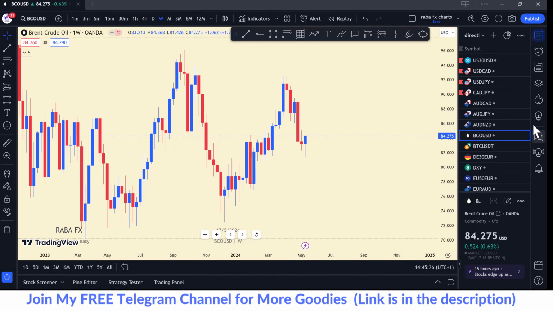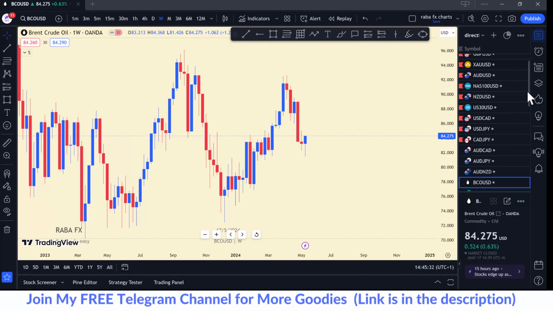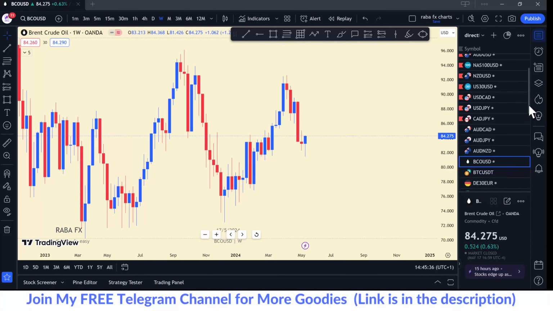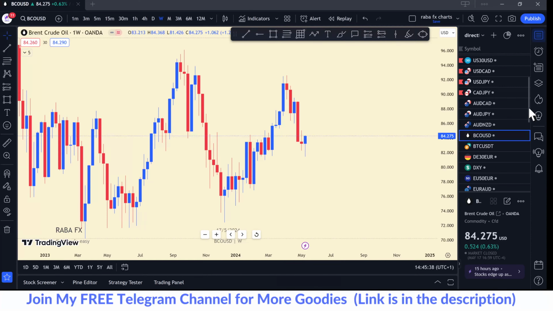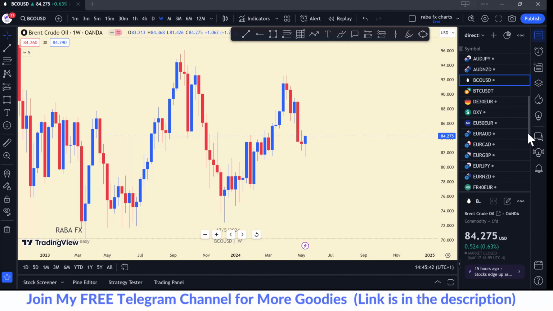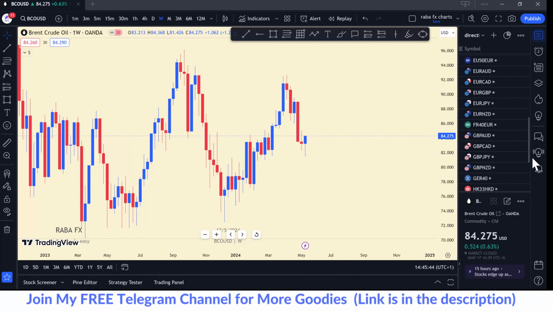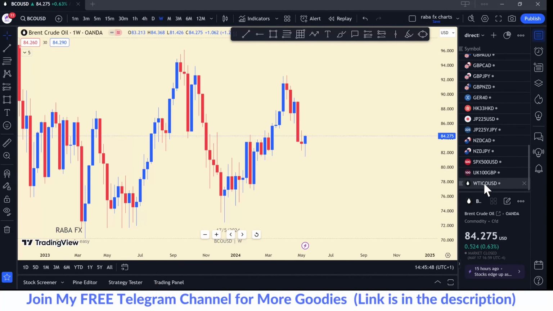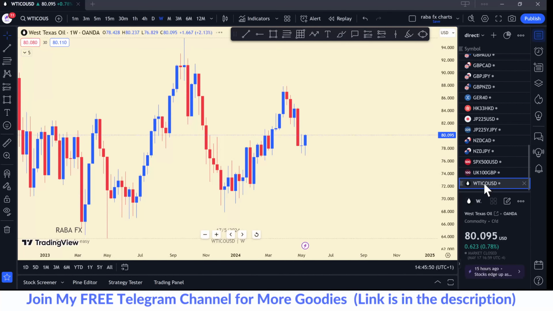West Texas Intermediate. It's been long since I looked at oil. In fact, generally it's been long since I looked at the chart itself, because during those times I have been busy. I hardly look at most of the other pairs. West Texas oil. All right, this is it.